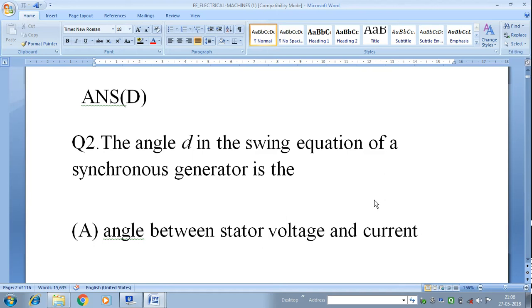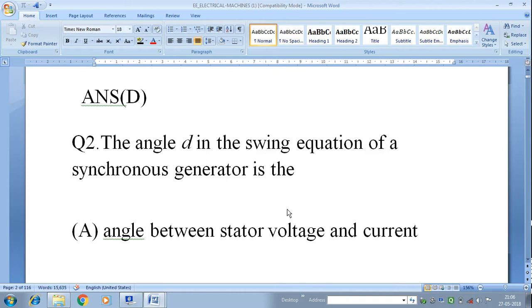Already we know that the synchronous machine either rotates at the synchronous speed or does not rotate at all. It means the speed of the synchronous machine is always constant. So what happens when the load increases or decreases?